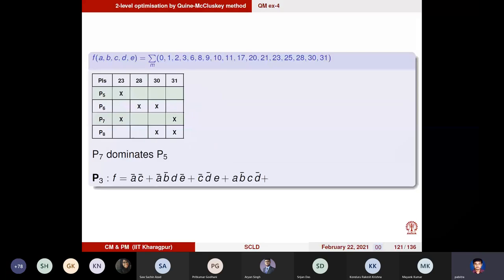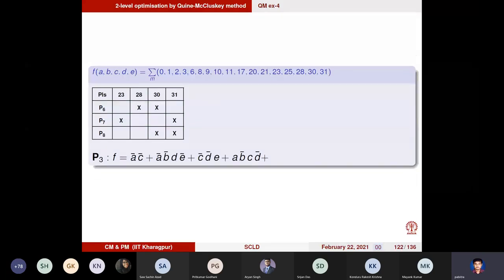See, here, to cover all the columns, you need P6. So you see 28 is covered by P6, 30 is covered by P6 as well as P8. So you need P6 or P8 to cover 30. You need only P6 to cover 28.